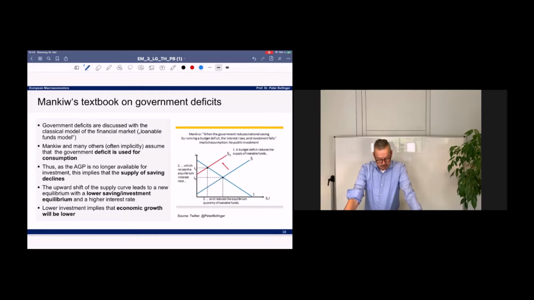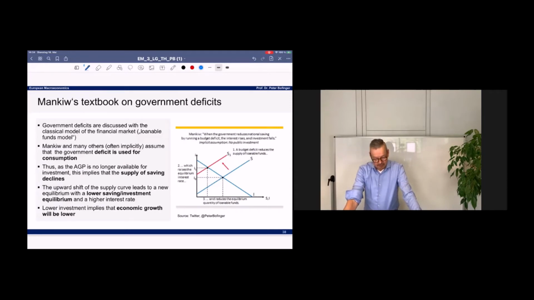The main implication of this presentation is that there is always a crowding out of private investors if the government finances expenditures or lower taxes with deficits. So this is, in this model, an implication that always holds.